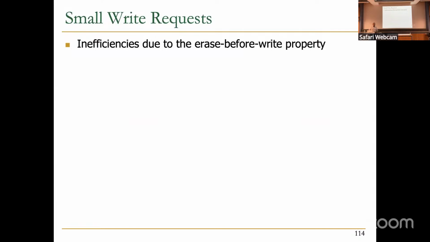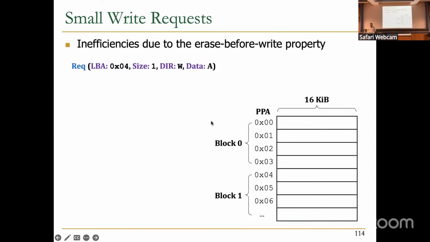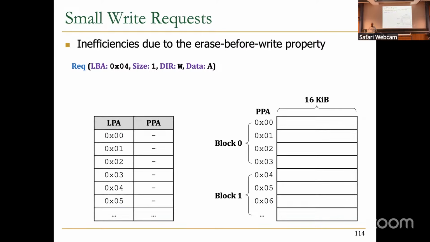So how are we handling small write requests? There is inefficiency here due to the erase-before-write property. I will walk through it again using an example. Consider that you have, in one plane, these 2 blocks, with physical page addresses 0 to 6, and you have a 16 kilobyte page size. You receive a request to write only one sector, meaning only one 4 kilobyte piece of data.